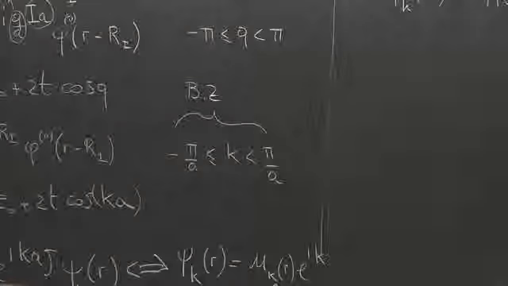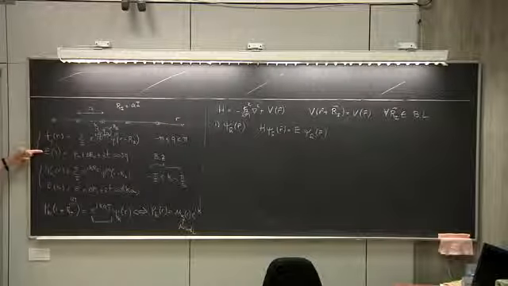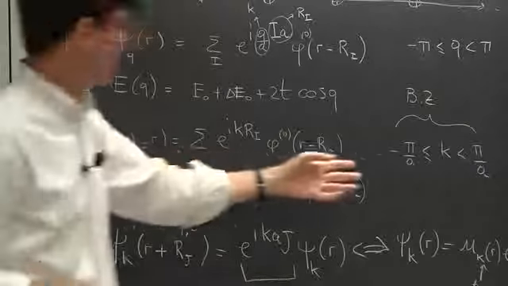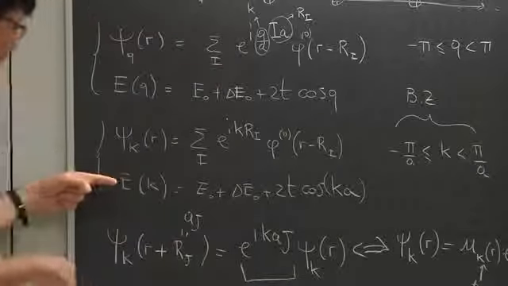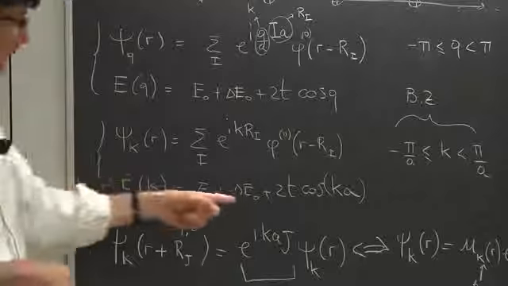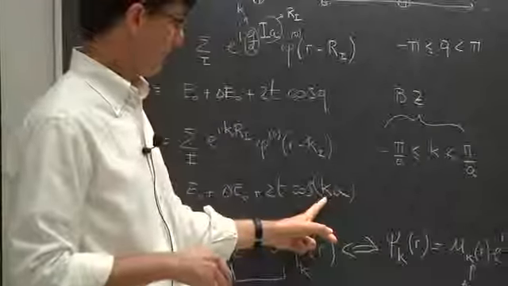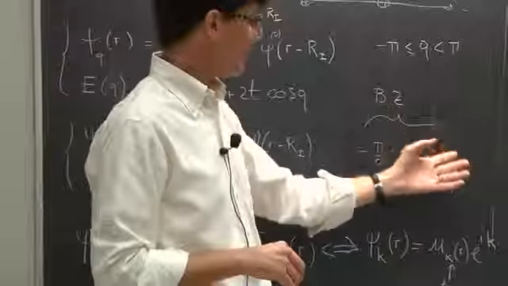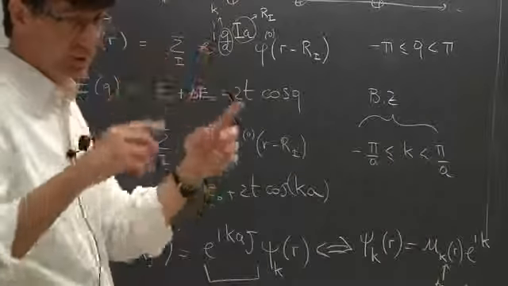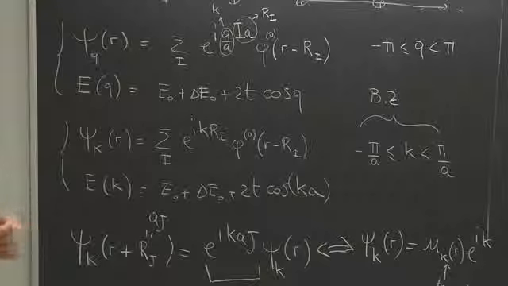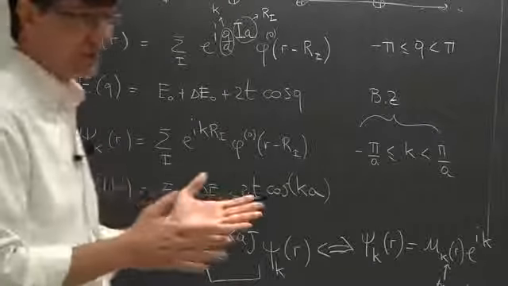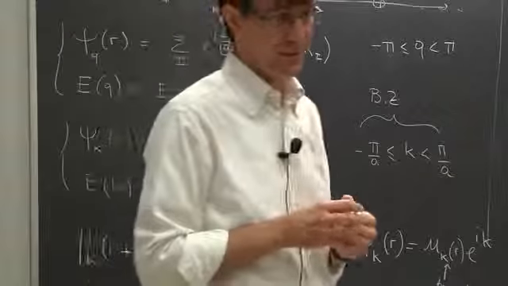So our solutions were periodic functions in a space which is periodic with periodicity 2 pi over a, and 2 pi over a is exactly the periodicity of the reciprocal lattice in one dimension.